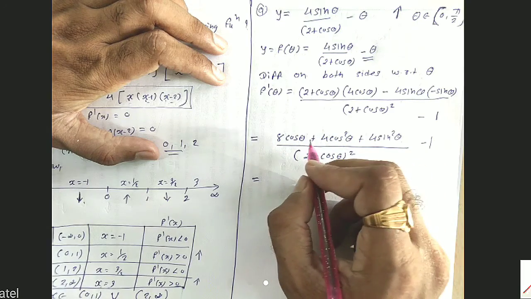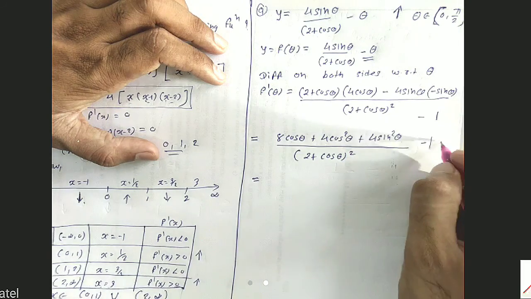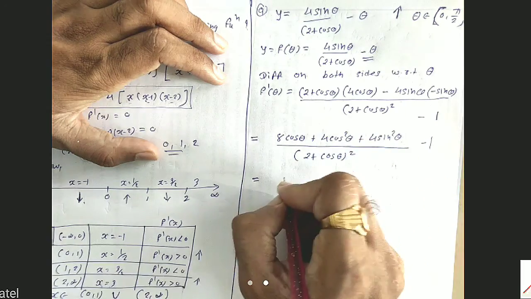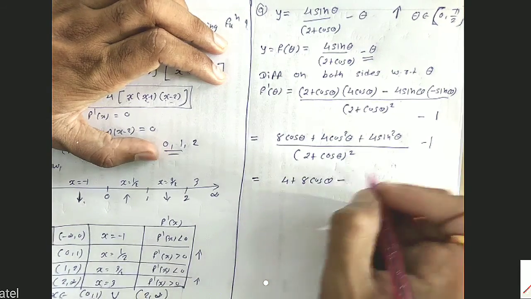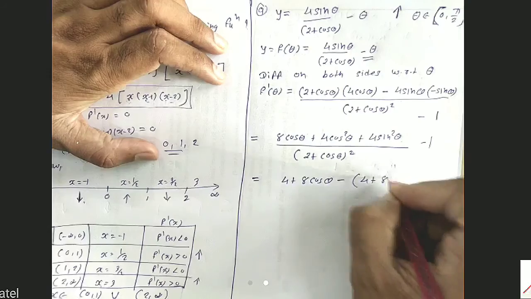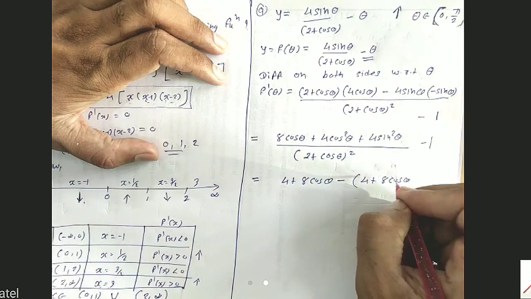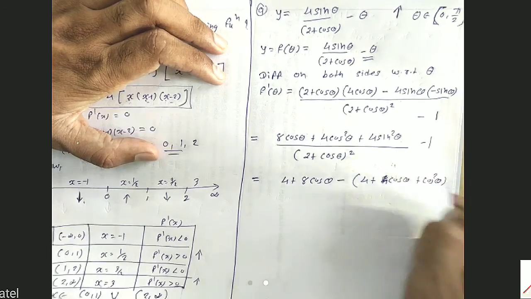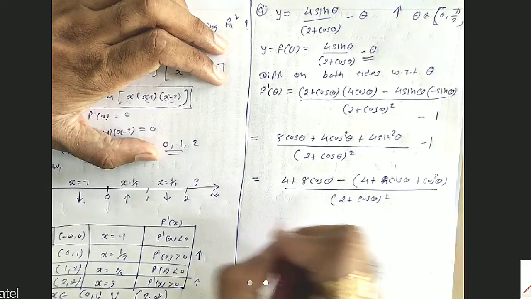So this is 4 plus 8 cos theta, and taking this minus 1 in the multiplication with 2 plus cos theta whole square. So here remaining terms are 4 plus 8 cos theta minus 1 into the expansion of 2 plus cos theta whole square, which is 4 plus 4 cos theta plus cos square theta, and whole divided by 2 plus cos theta whole square. Done.